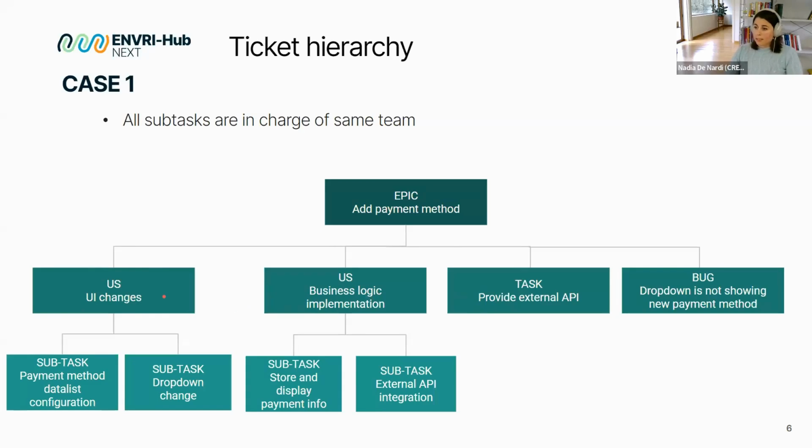Okay. Then below, I know that I have two small activities under these user interface changes. One is the data list for the payment method configuration, and then the change of the drop-down. Okay. Below this one, we have store and display payment info, the business logic, and then the integration of the external API.